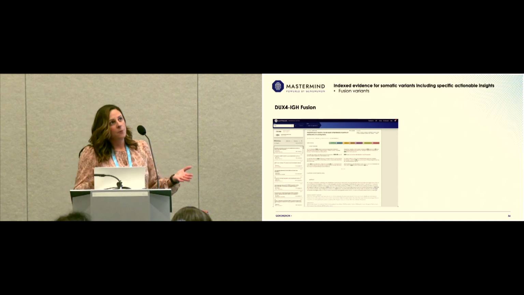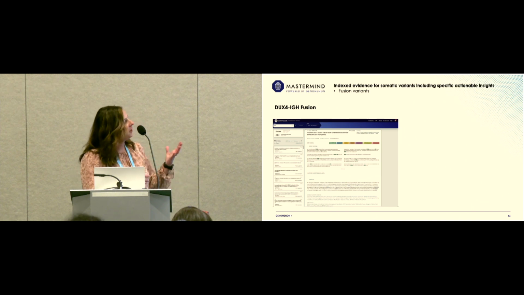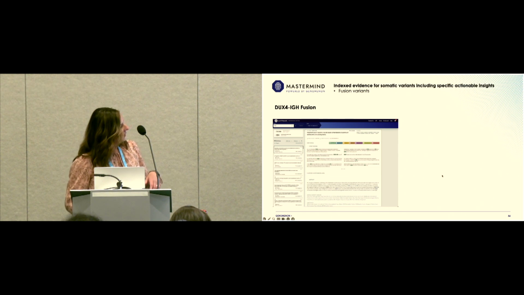Now, perhaps we would like to find more information regarding prognosis and its association with this fusion. So we could then take advantage of Mastermind and look at the indexed evidence for somatic variants, including specific actionable insights. So here we are looking up this particular fusion, DUX4, IGH.